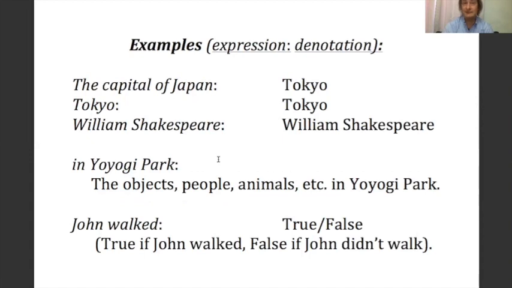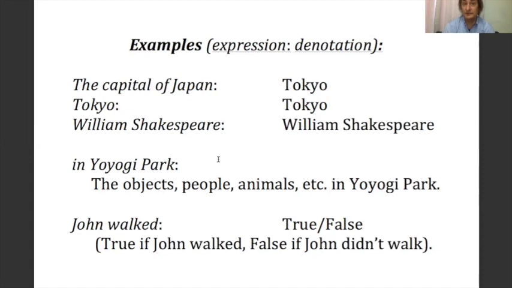For some of these, that's kind of an obvious thing to say. Take the expression, the capital of Japan. Whatever its sense is, it's clear what it's talking about. It's talking about Tokyo, the object. You go and find the city, and that is what the expression is talking about, is what it's picking out. Tokyo, then, is the denotation of that expression.